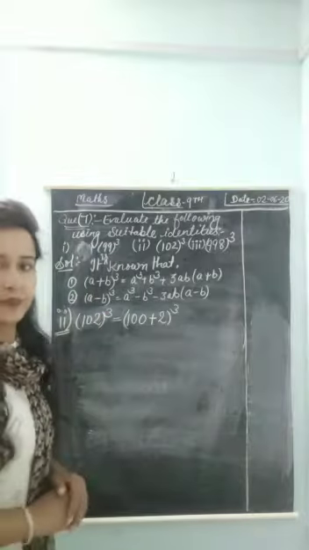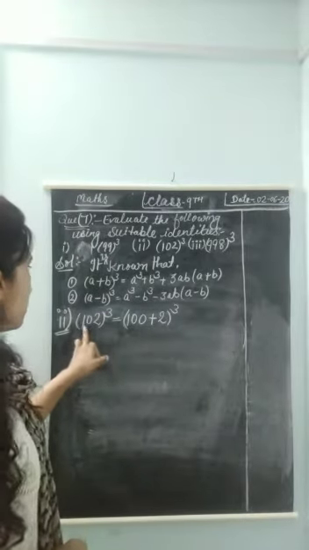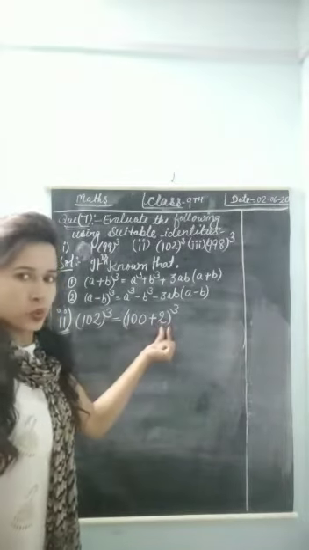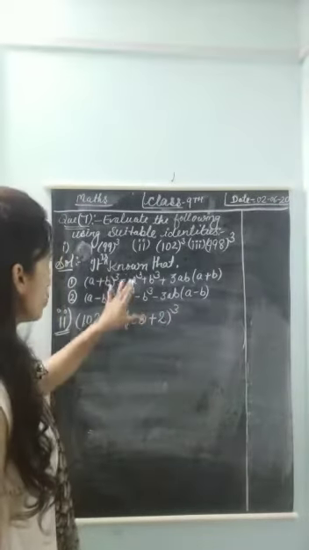Now second part, we are given 102 cube and we write it as (100 plus 2) cube because we have to use this identity.